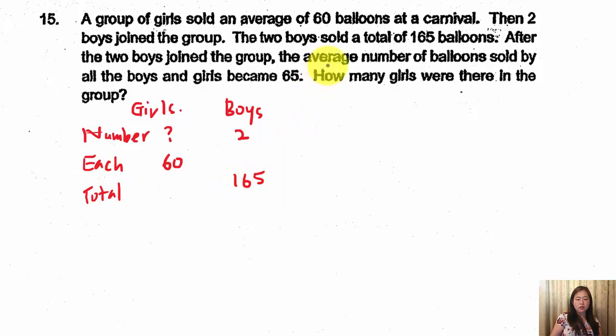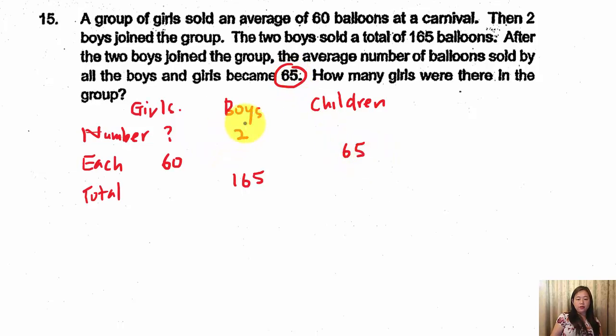And as a result, the average number of balloons sold by all the children become 65. Imagine that the 2 boys actually each sold an average of 65. So boy number 1 and boy number 2, they each sold 65 balloons.